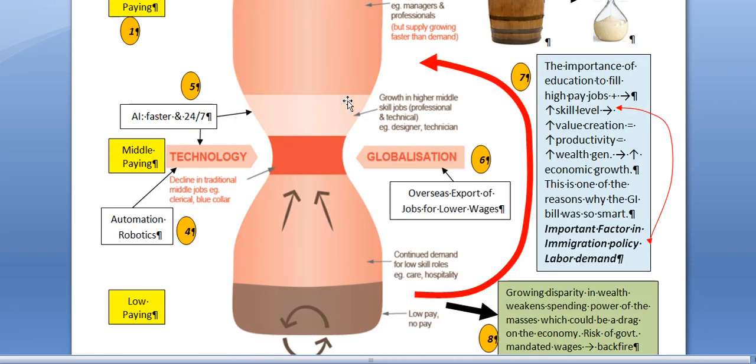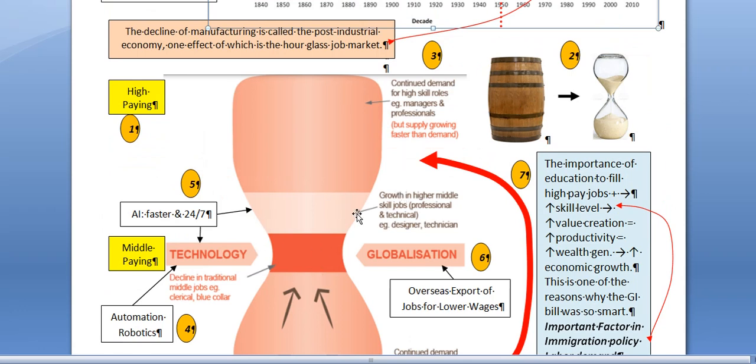So, because you got a loss of jobs here, and because of the threat of artificial intelligence to the loss of jobs, that just increases the importance of education to fill higher paying jobs because these are being lost. You want to get them educated so they can fill these jobs.